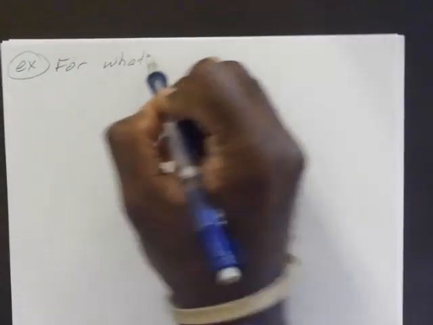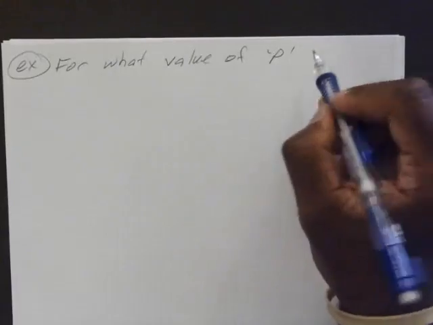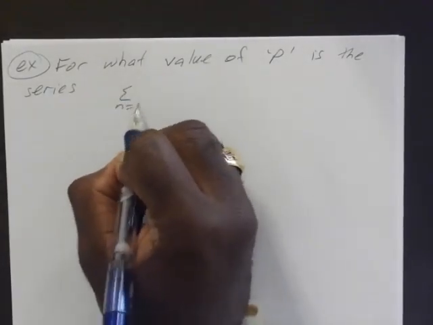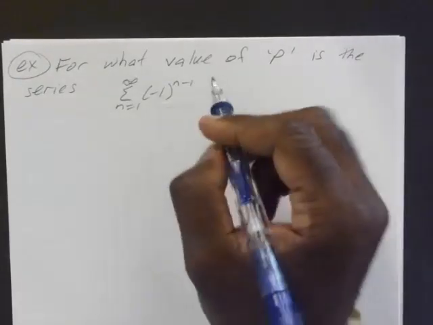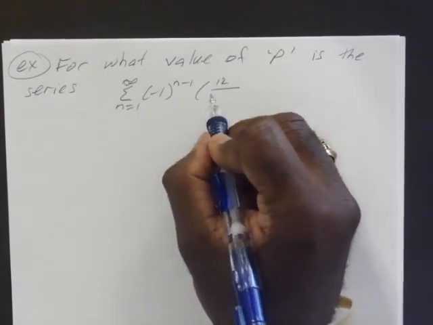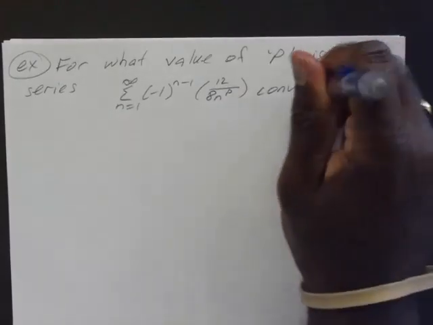Okay, so let's say for this example, we want to know for what value of P is the series, the sum from n equals 1 to infinity of -1 to the power of n minus 1 times 12 divided by 8n to the power of P convergent.